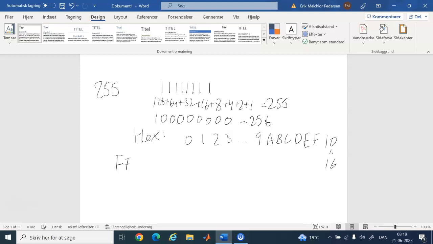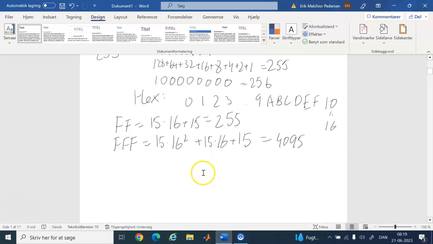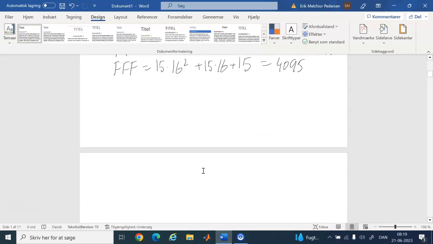So FF means 15 times 16 plus 15, which makes 255. And FFF is 15 times 16 squared plus 15 times 16 plus 15, which is 4,095, I think.